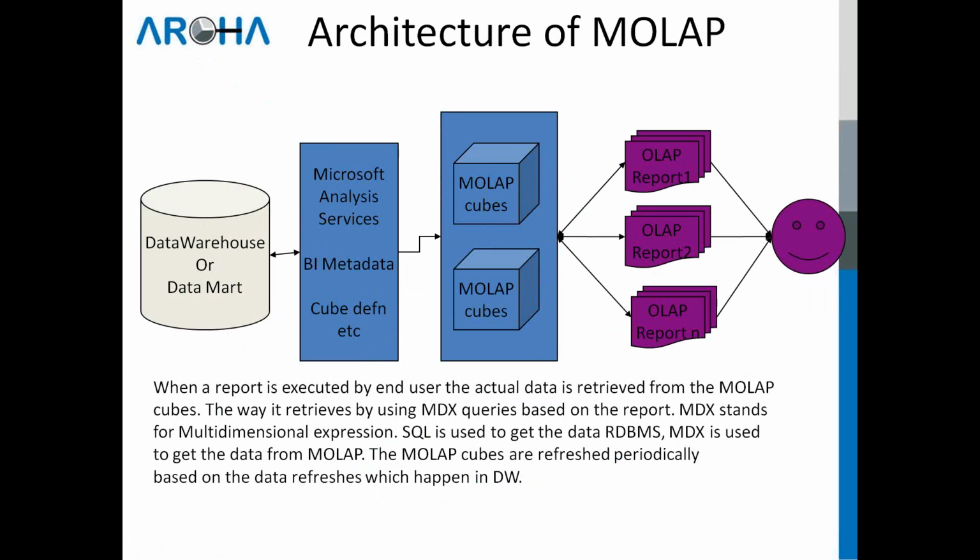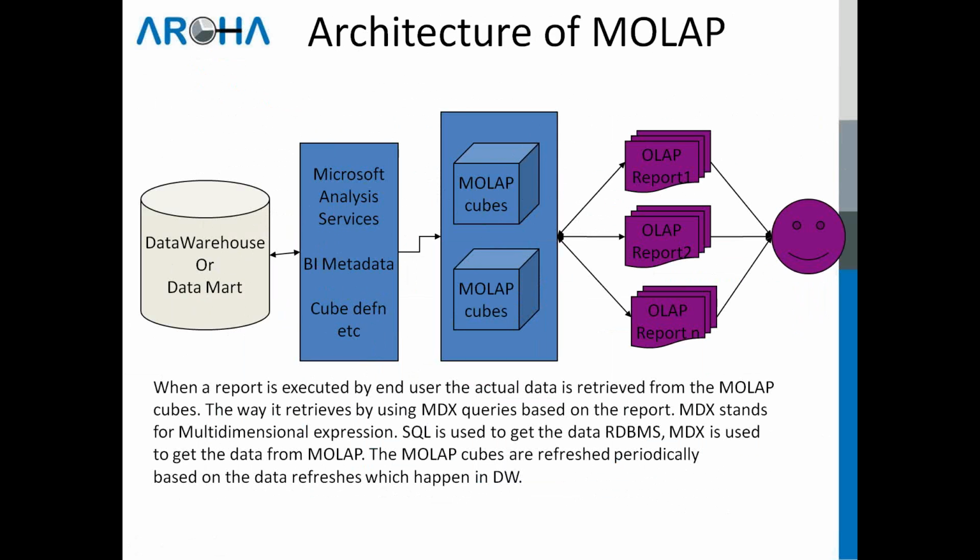Yes. The cube itself is a separate database. I don't know whether you know the architecture of SSAS. SSAS itself is a box where it will build a cube. And that cube is called a multi-dimensional database, MDDB we call it.